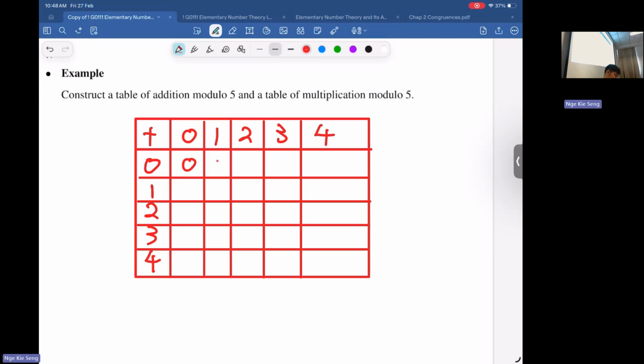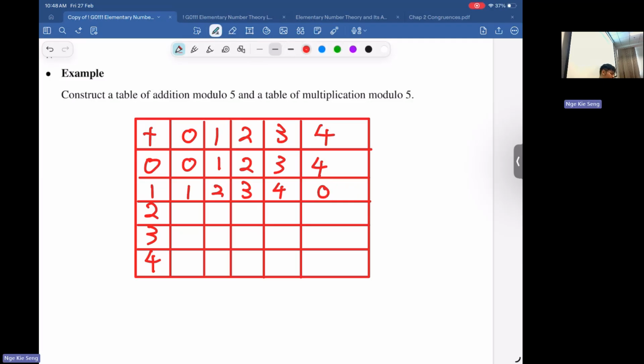So 0 plus 0 is 0, 0 plus 1 is 1, 0 plus 2 is 2, 0 plus 3 is 3, 0 plus 4 is 4. Then 1 plus 0 is 1, 1 plus 1 is 2, plus 2 is 3. It's kind of shifting the first row by 1. So 4 plus 1 is 5, which means it becomes 0.